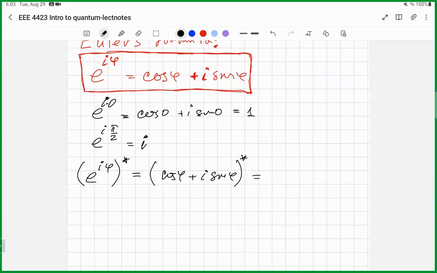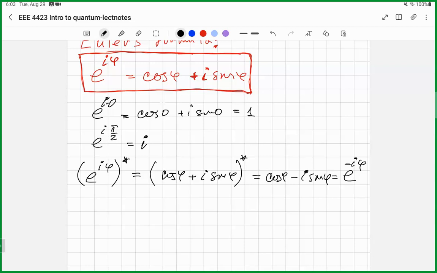In order to get the complex conjugated number, we change the sign before i, so we get cosine phi minus i sine phi, and this is nothing but e to the power of minus i phi, right?